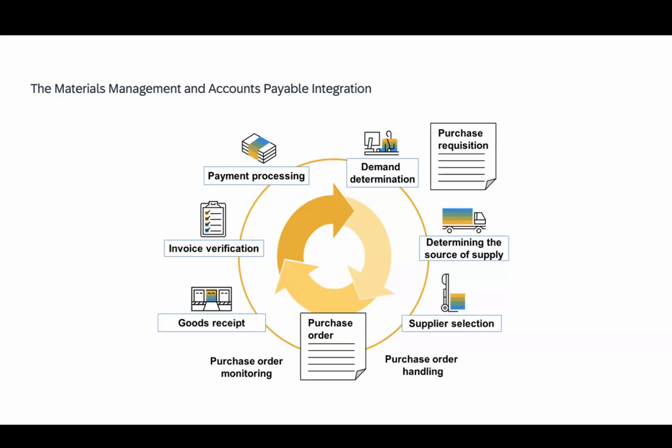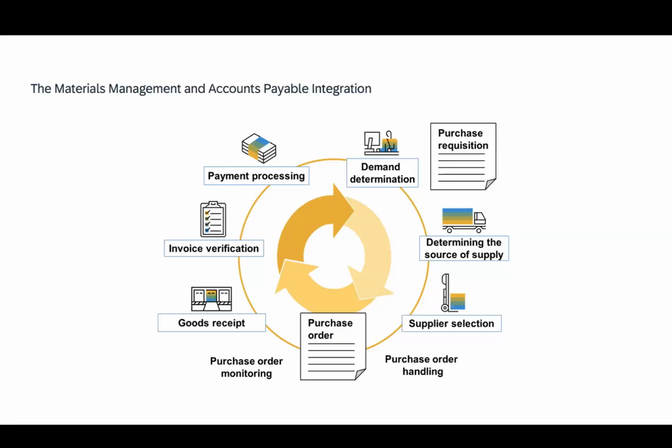So we would then look to the MRP run. We'd go create a purchase requisition based on ordering that good. In the generation of that purchase requisition, we'd have a look at determining the source of supply. So where will we get that from? Will we transfer it from another warehouse? Will we get it from a supplier or something like that?